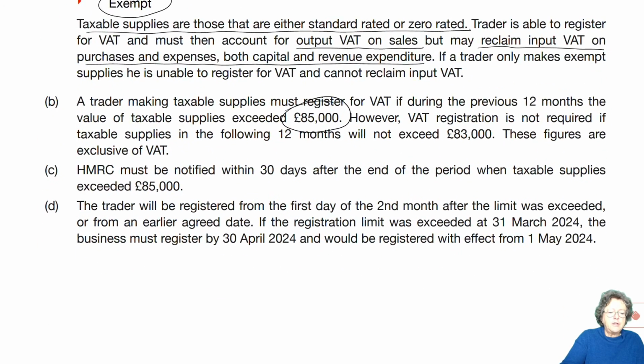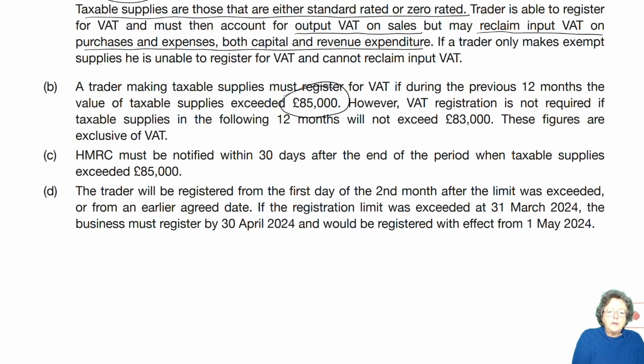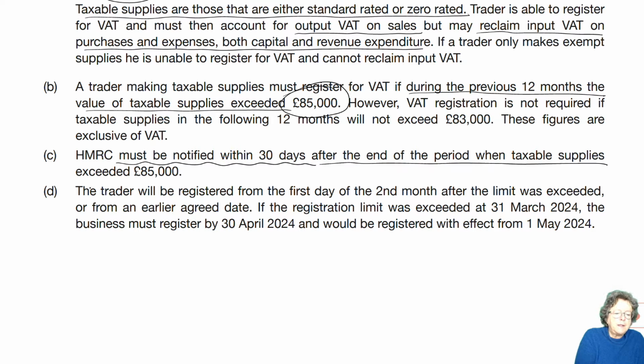So you have to register historically if during the previous 12 months the value of the taxable supplies exceeds the limit of 85,000. And then if it's below that, then you don't have to register. If you are over that limit, you must notify within 30 days, and it's days, not months, because all of the months have different numbers of days in them, after the end of the period when the taxable supplies exceed the limit of 85,000.